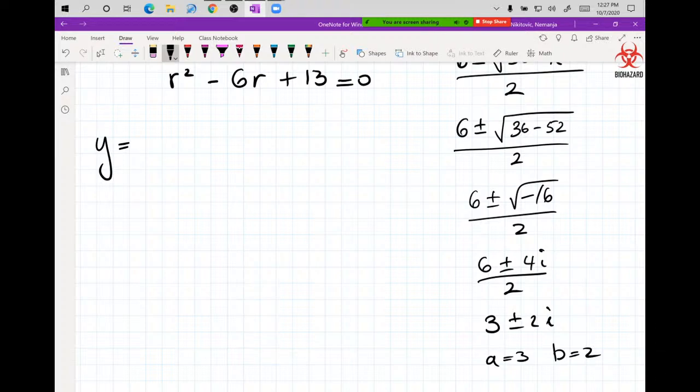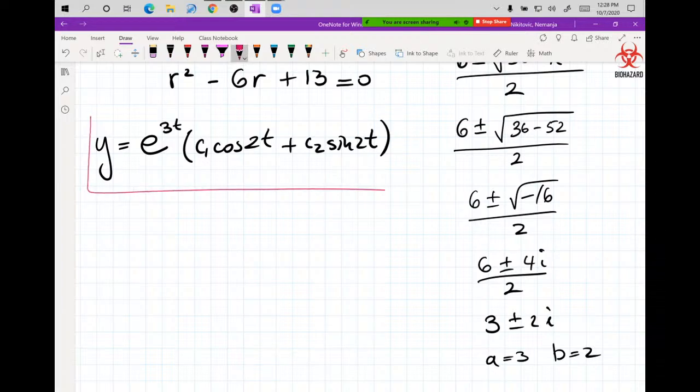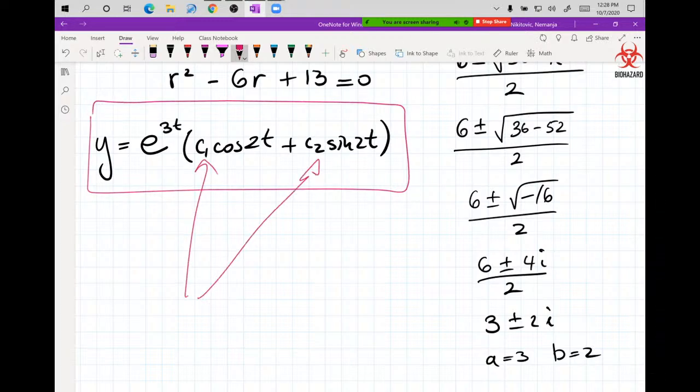And you just write the solution. y equals e to the 3t, c1 cosine 2t plus c2 sine 2t. And you box your answer. Given initial conditions, you can compute c1 and c2, right? And it will be a product rule to find the derivative and all of that stuff.